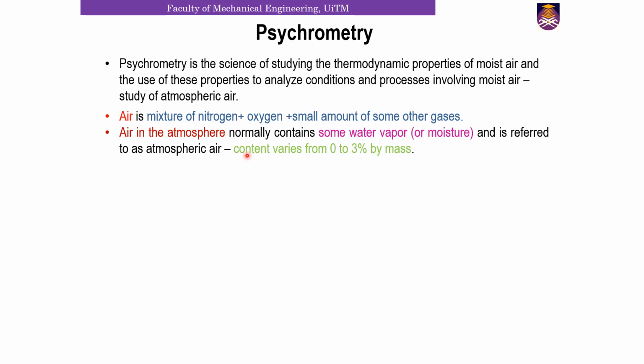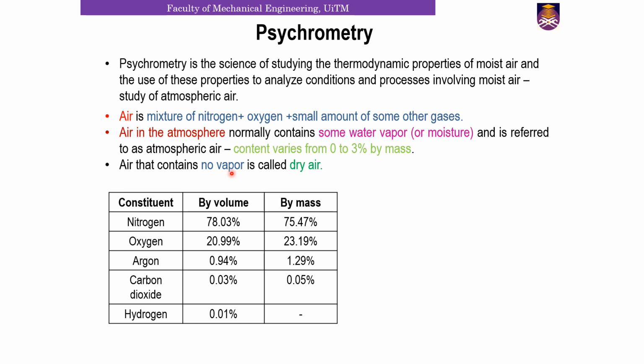So if you have 0% mass of water vapor, then the air in the atmosphere is called dry air. All right. So if you have some moisture in it, then it becomes what you call the mixture of air and moisture. So air that contains no vapor, so no vapor means 0% water vapor, we call it dry air.